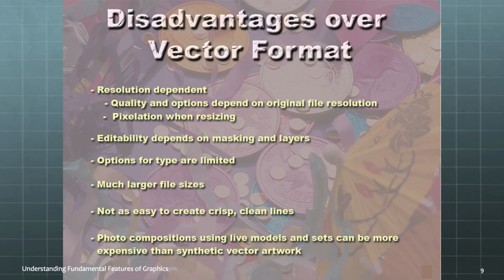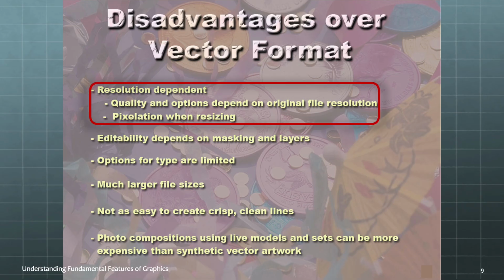If you've been getting excited about the raster format up to now, I hate to disappoint you because, like anything, it has some significant disadvantages over the vector format. The most important one is that the raster format is resolution dependent.